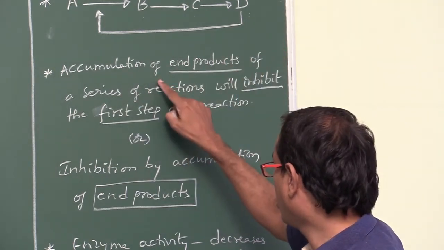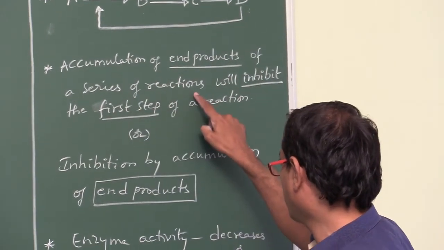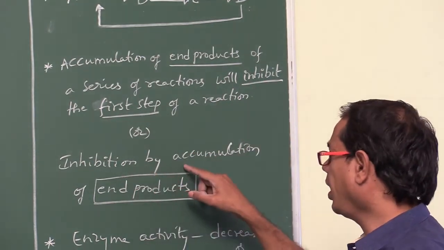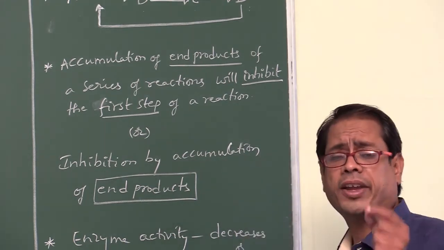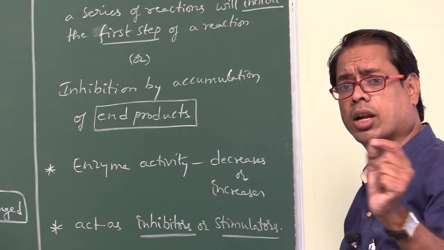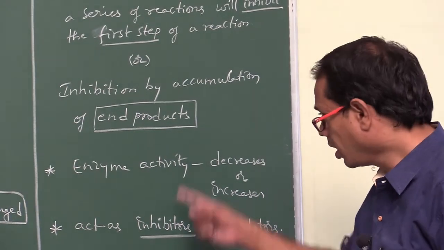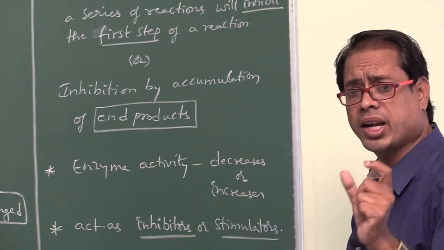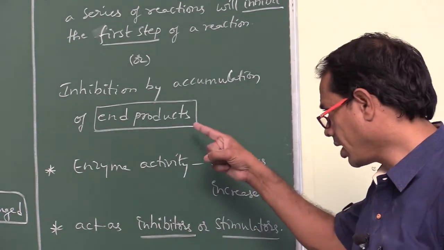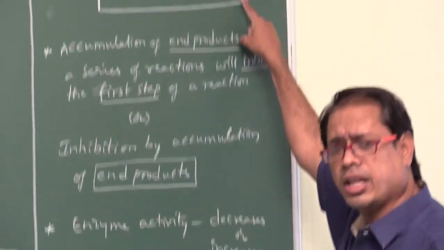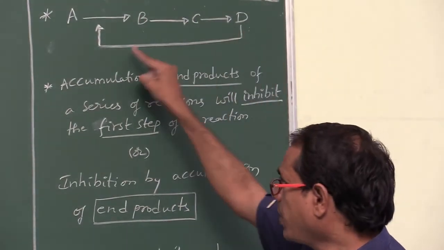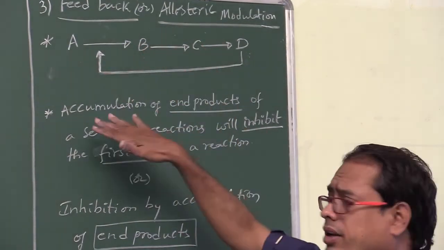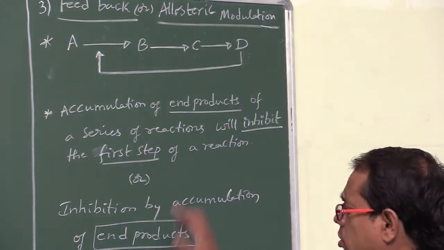So accumulation of end products of a series of reactions will inhibit the first step of the reaction.